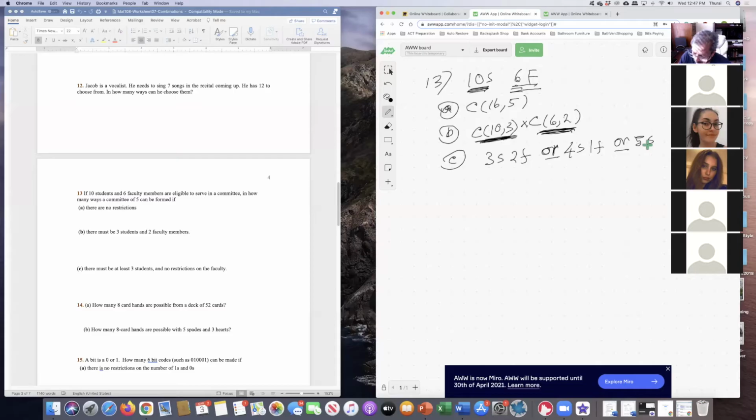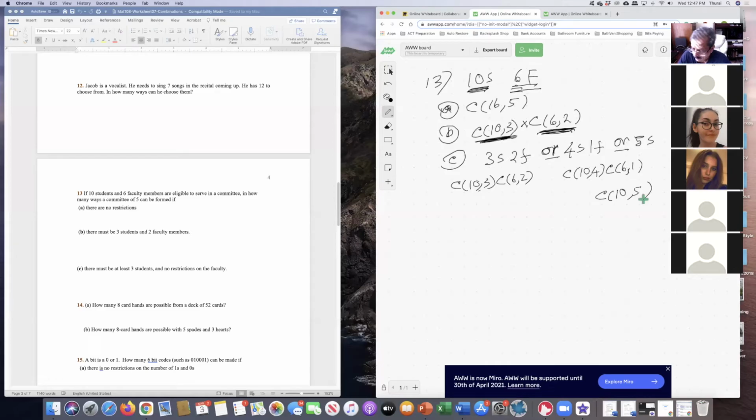Now, the first one is C(10, 3) times C(6, 2), the product. The second one is C(10, 4) times C(6, 1), 1 faculty. The third one is 5 students. So from 10 students, select 5, C(10, 5).